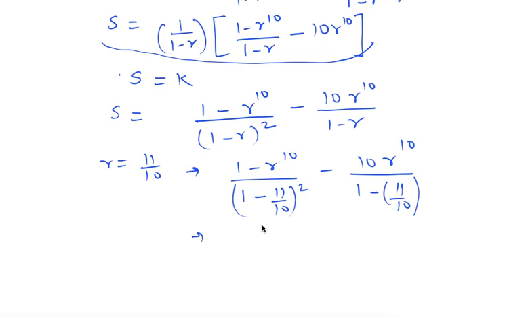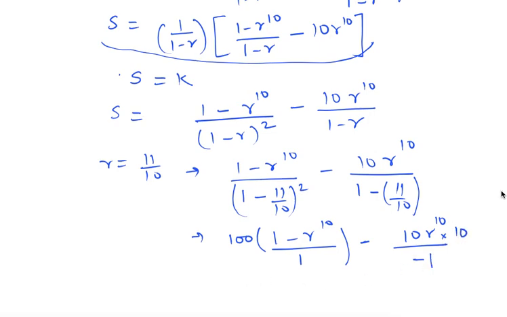Let's substitute. So if I take the LCM, 10 minus 11 will be minus 1, and I'm squaring it up. So 100 will go in the numerator, 1 minus r to the power 10 divided by minus 1 squared, which is 1, minus 10 r to the power 10 upon, again 10 minus 11, which is minus 1 upon 10. So 10 will come in the numerator and this will become minus 1.